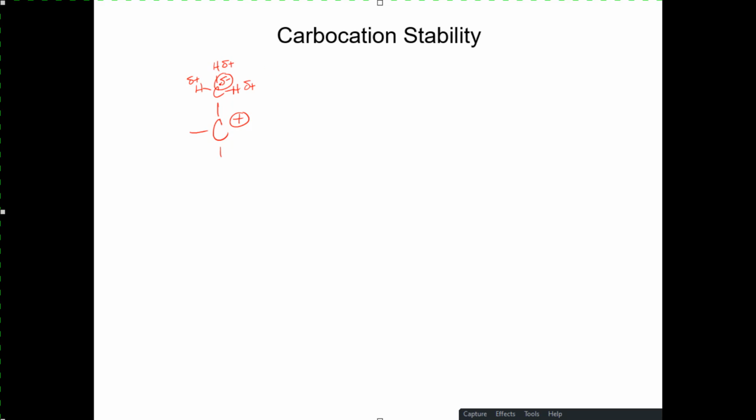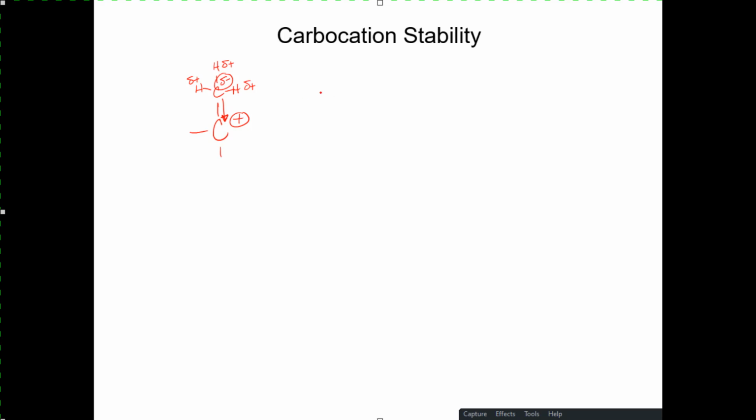Well, this carbon with its slightly negative electron density can now push that into the carbon. And so when you attach an alkyl group to a carbon with a positive charge, it's going to push a little bit of electron density and make that carbon go from 6 valence electrons to maybe 6 point whatever. It's going to get it closer to 7 or 8.